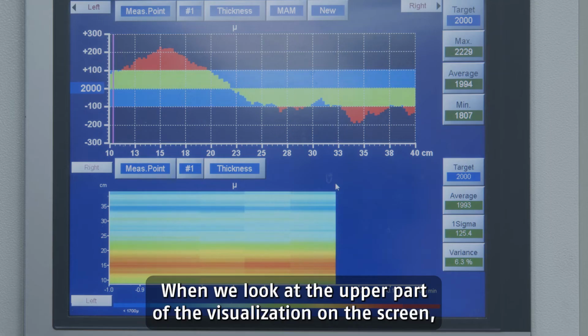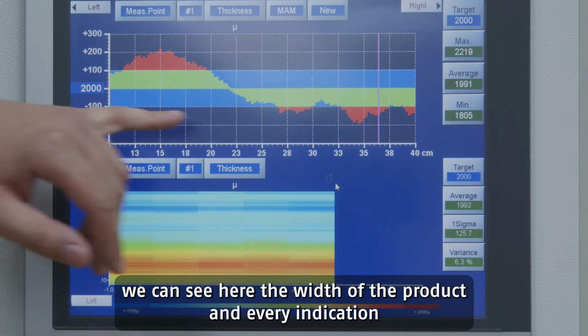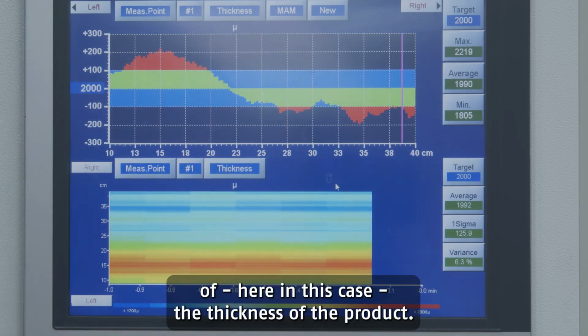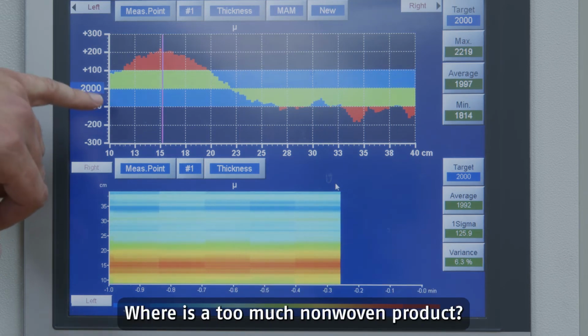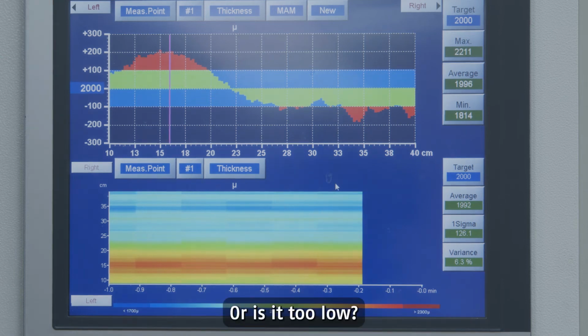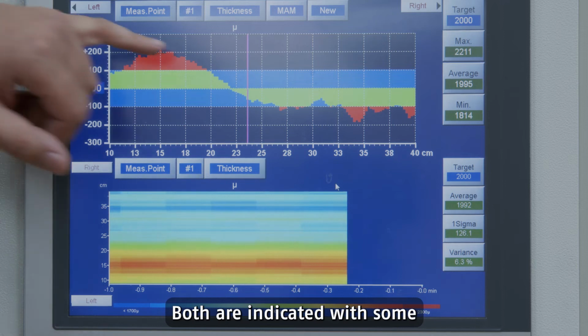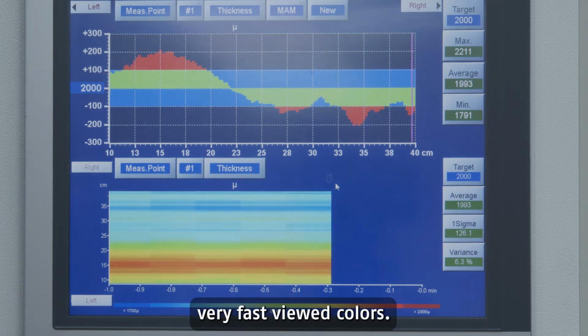When we look at the upper part of the visualization on the screen, we can see here the width of the product and every indication of, in this case, the thickness of the product. Where do I have on the product too much thickness of a coating? Where is it too much non-woven product, or is it too low? Both are indicated with some very fast viewed colors.